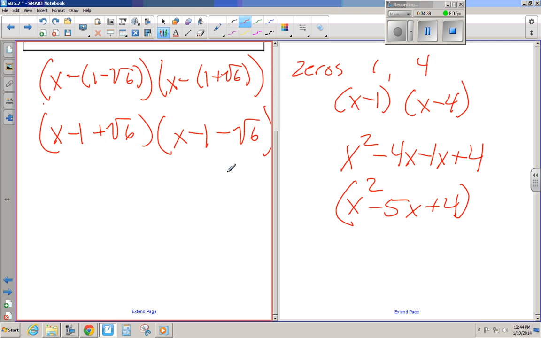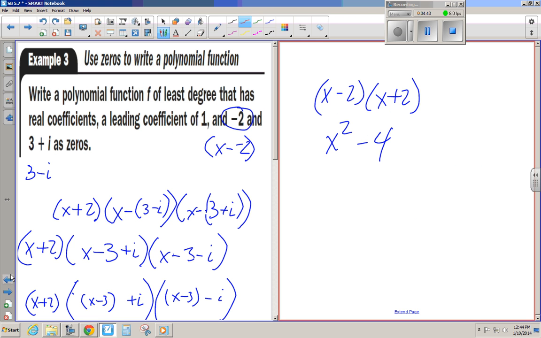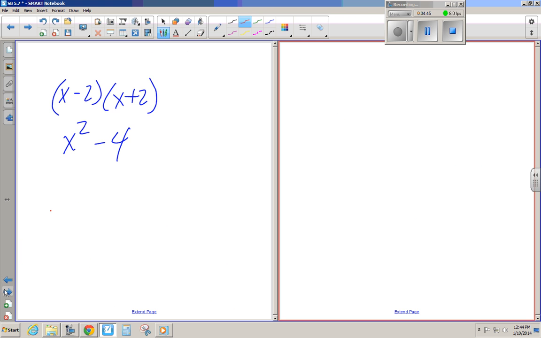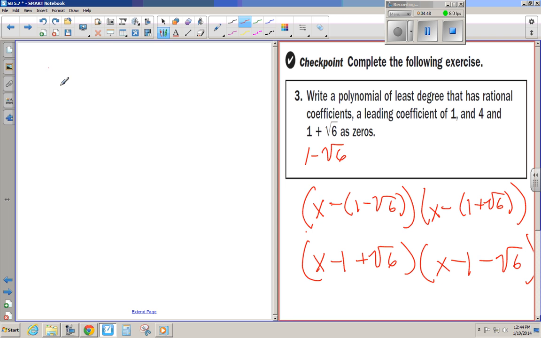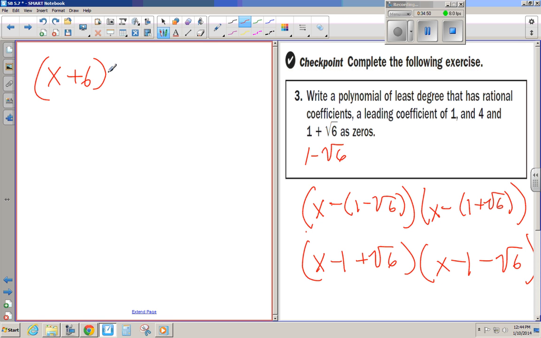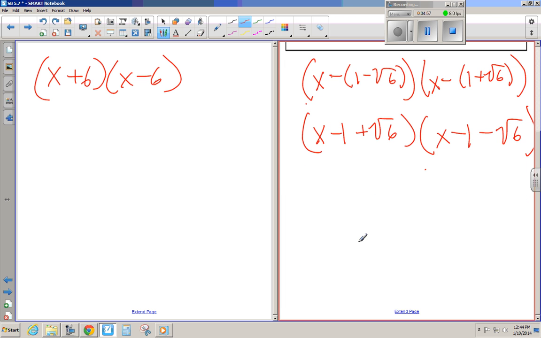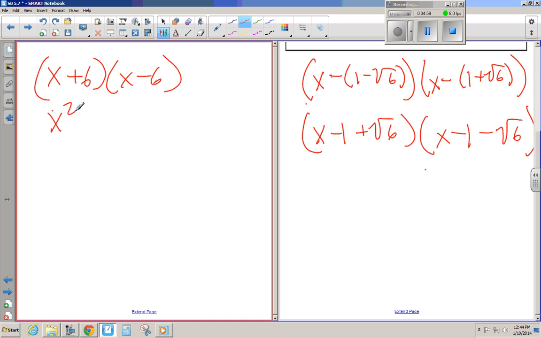And now it's a conjugate pair. Basically, it looks like we had x plus 6, x minus 6. So you square the first part. Over here it would be x squared, and then minus 6 squared.